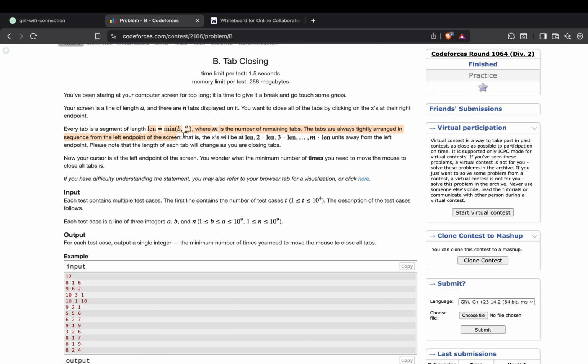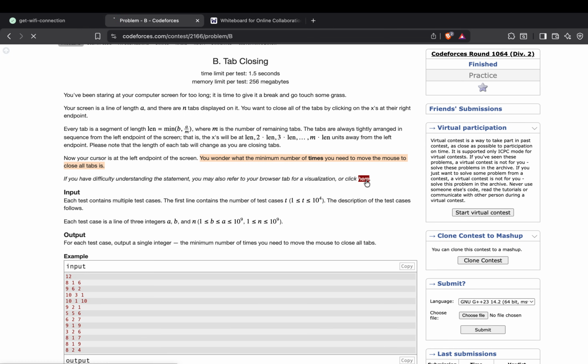Note this formula where m is the number of remaining tabs. The tabs that are tightly arranged in sequence from the left endpoint of the screen, that is x, will be length, 2 times length, 3 times length, and so on. Now the cursor is at the left endpoint of the screen. You wonder what the minimum number of times you need to move the mouse is to close all the tabs.